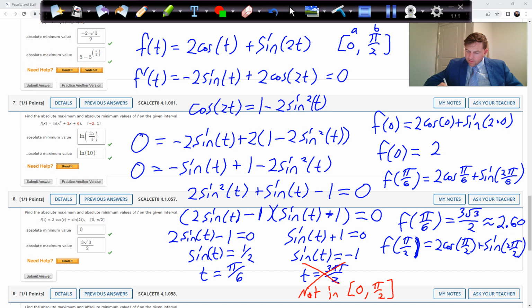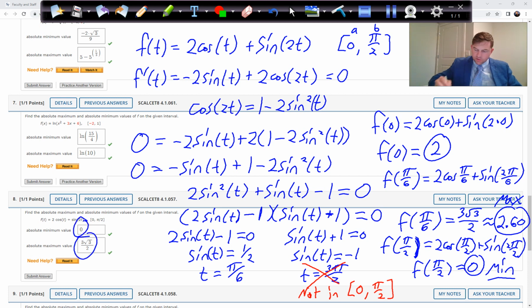Cosine of pi over 2 is 0, and sine of pi is also 0, so this one should be 0. So if I look at these three numbers, I have 2 to check against 2.6 against 0. This is clearly the smallest, so it's the minimum. This one's clearly the biggest, it's the maximum. And so we have those two values right there.